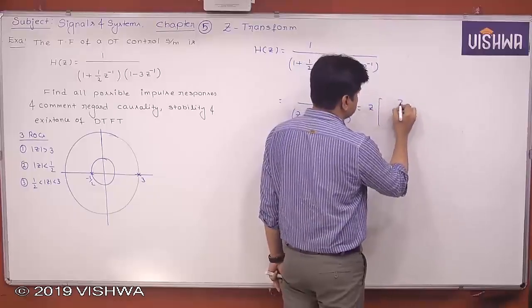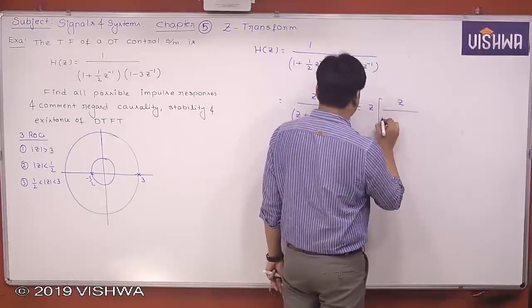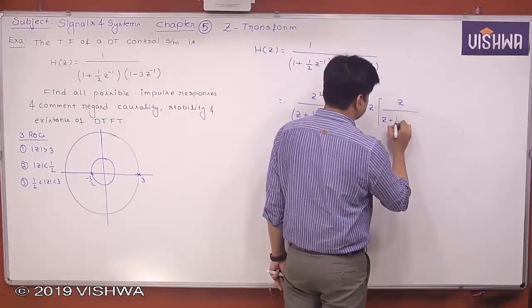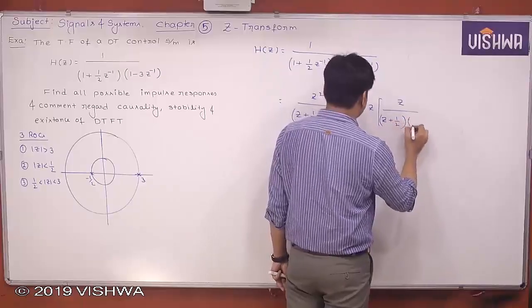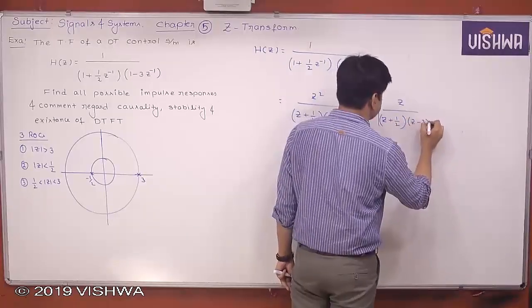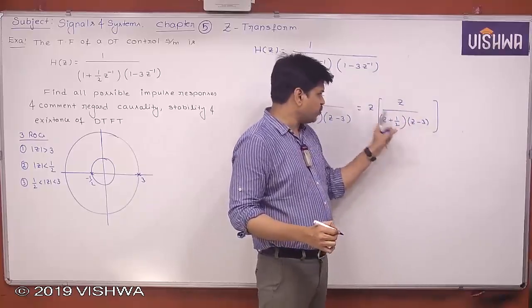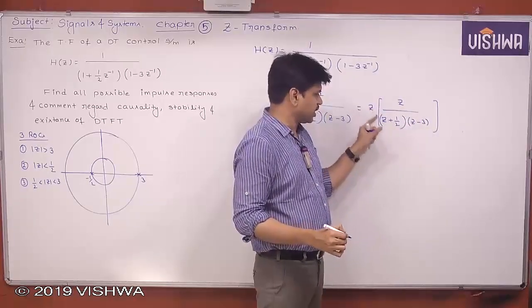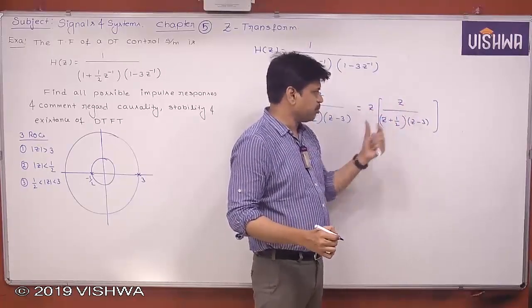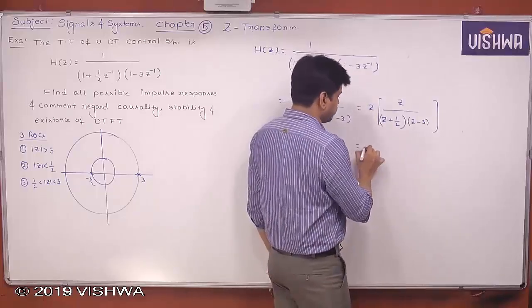That means z by z plus 1 by 2, z minus 3. Now find the partial fractions for this one. Why have we written z outside? You will understand later. First find the partial fractions for this, then you get z.